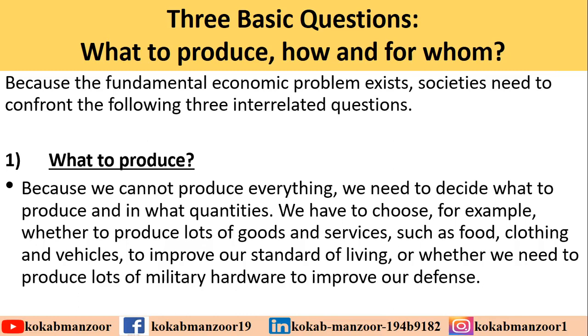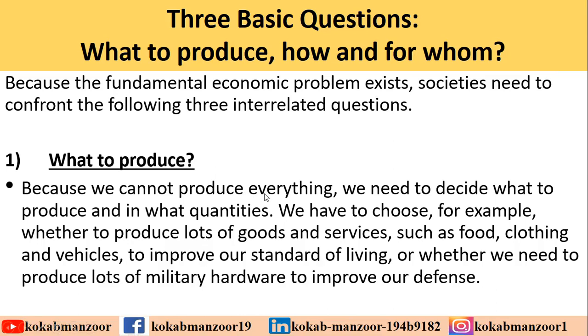Like we studied in the last lecture that we have factors of production, and we can use these factors of production, like scarce resources, in order to get maximum production so that we can satisfy more and more wants, right? So what to produce here means what we should produce and what we should not produce, because we have limited resources, we have scarce resources, so we cannot produce all the things that we want, right?